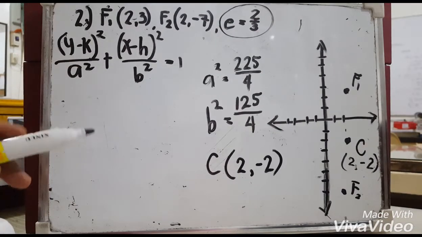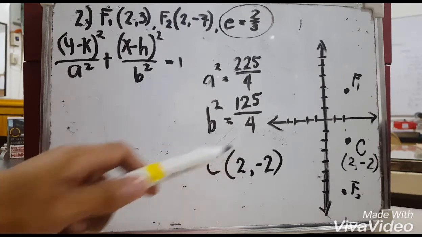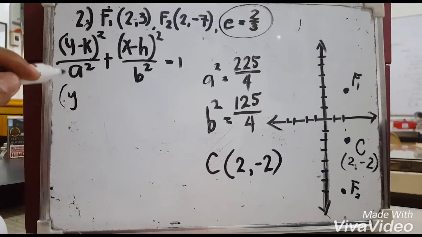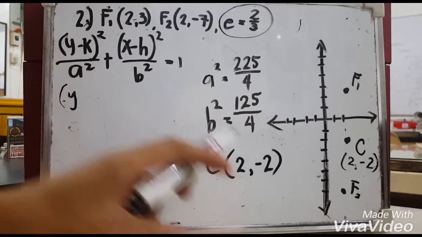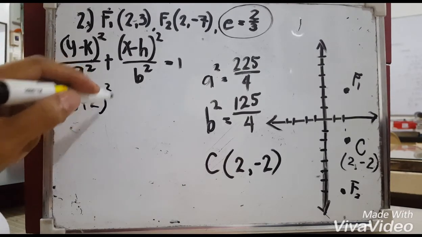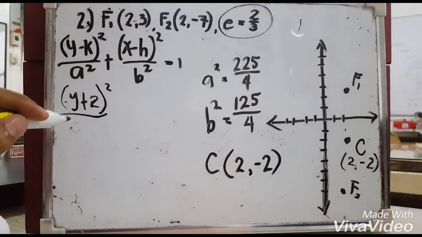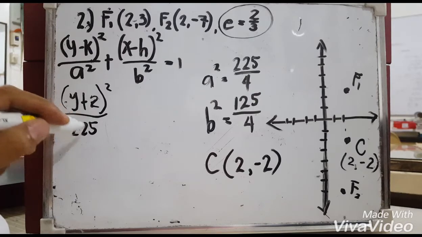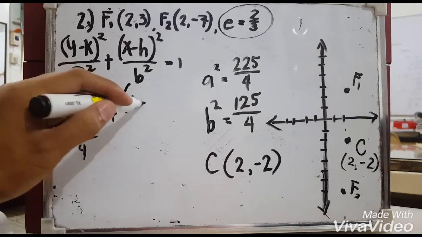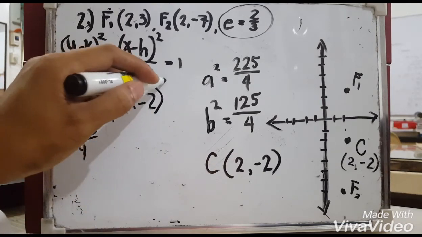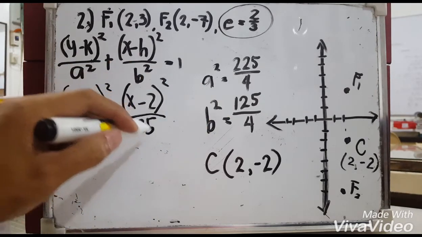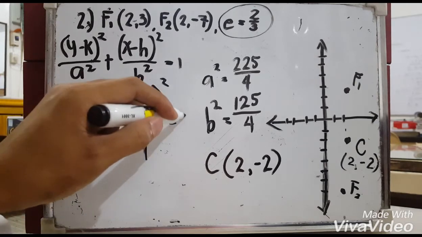So, substituting the values a squared, b squared, and h, k into our standard equation, we now get (y minus negative 2), which is y plus 2, squared over a squared, which is 225 over 4, plus (x minus 2) squared over b squared, which is 125 over 4, equal to 1.